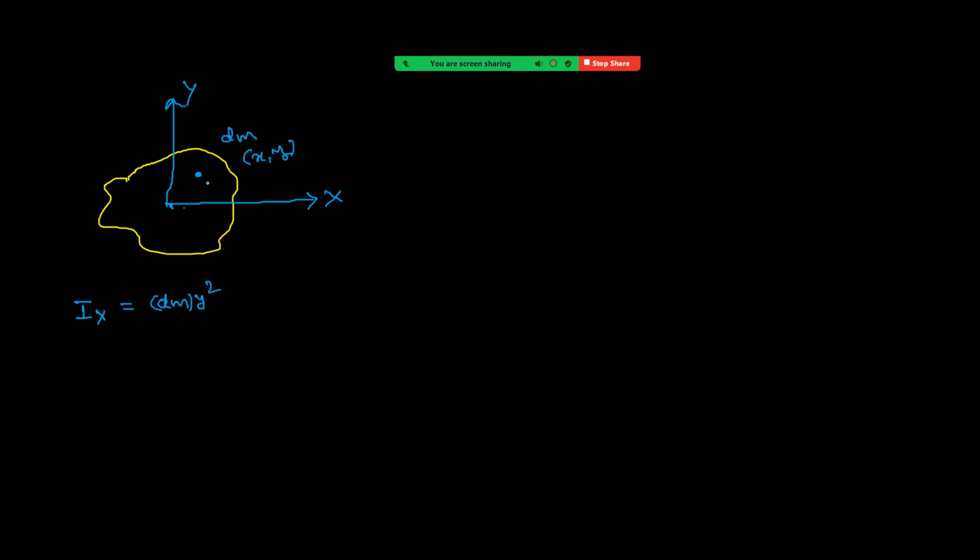That is the moment of inertia of that point mass about the x-axis, because the distance is y. Like this, we have to take all point masses and take the sum of all those, that means we have to integrate. So the integration of y square dm is Ix.